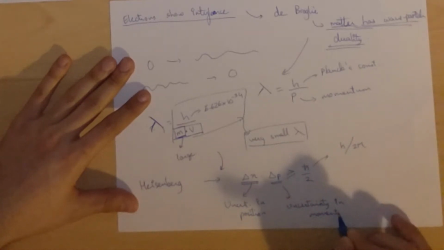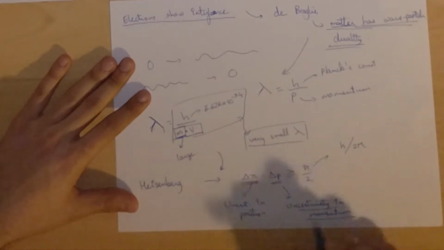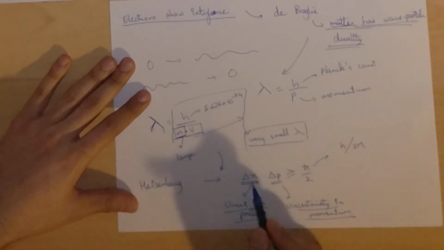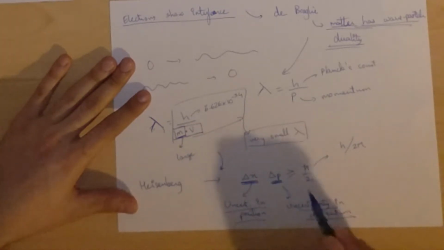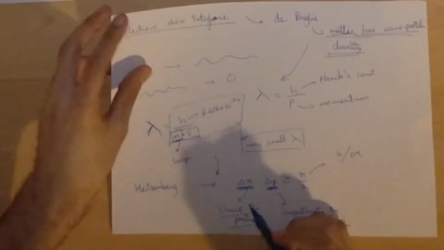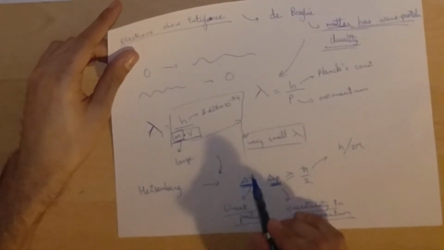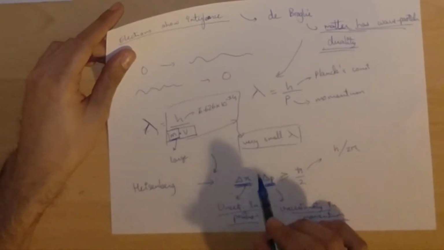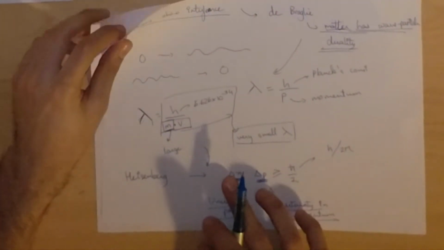Now he said that you can never exactly say both the position and the momentum with absolute precision, which means you'll have some error when you're measuring position, and you'll have an error while you're measuring momentum, and you cannot measure both of those to a precise point.